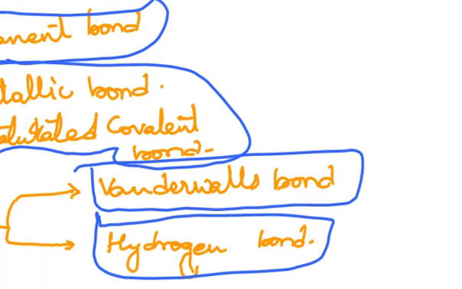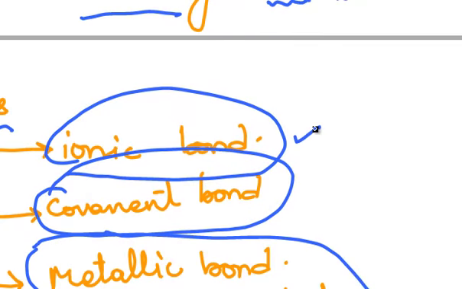Now let's study about the ionic bonds. Bond formed by the transfer of electron between two atoms is called ionic bond. This bond occurs between electropositive and electronegative atoms. This bond is found in NaCl, KCl, KOH, etc. For example, NaCl.